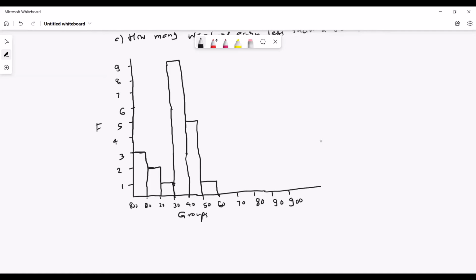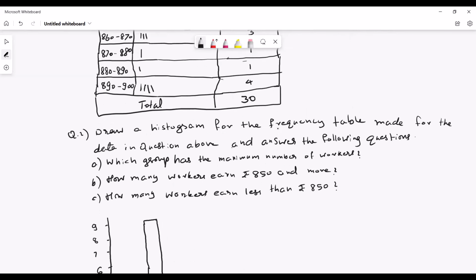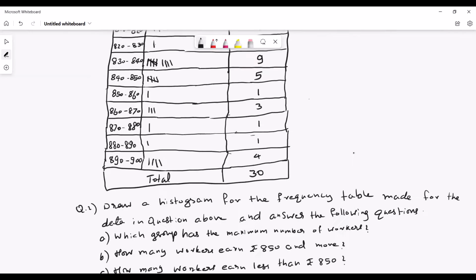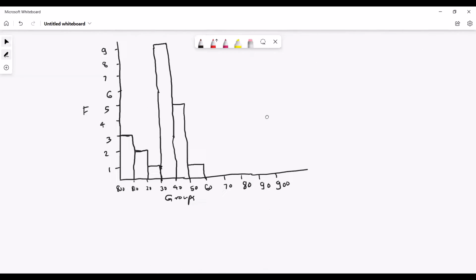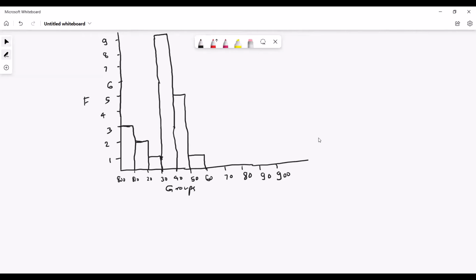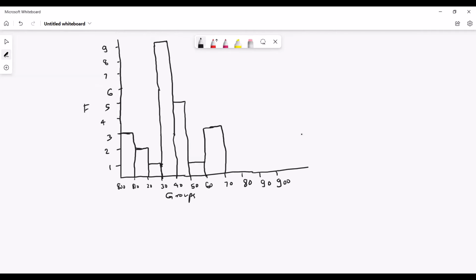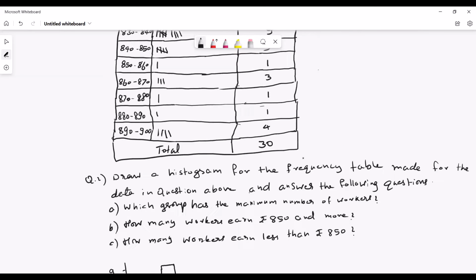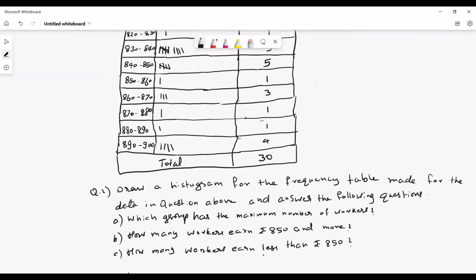Now 860 to 870 is 3. Now we are having 870 to 880. 870 to 880 is 1.